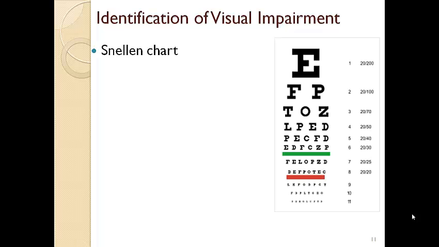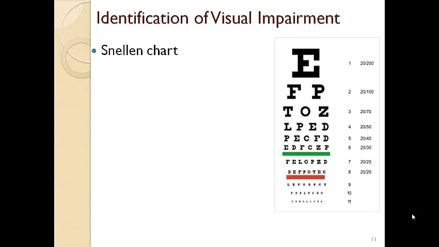Identification of visual impairment. Keep in mind that when we talk about visual impairment, we are talking about both blindness and low vision. Visual acuity for far distances is measured most often with the Snellen chart. For those of us who have our eyes tested every year, we are pretty familiar with it.